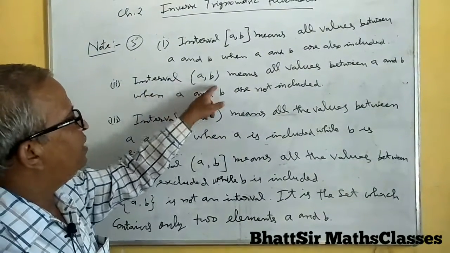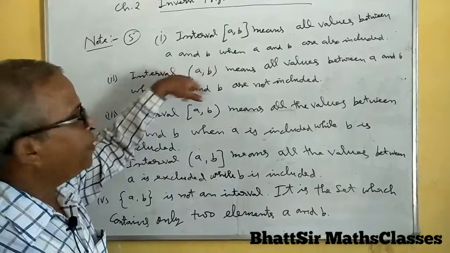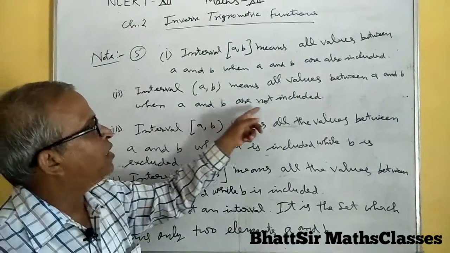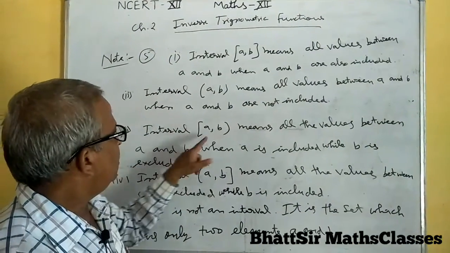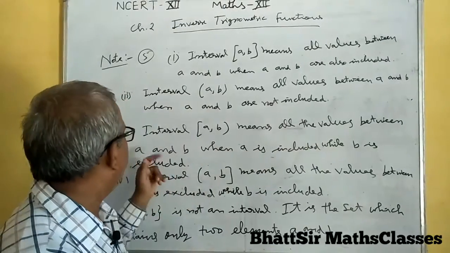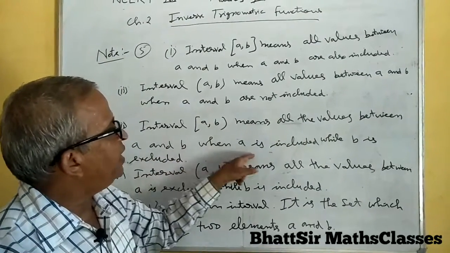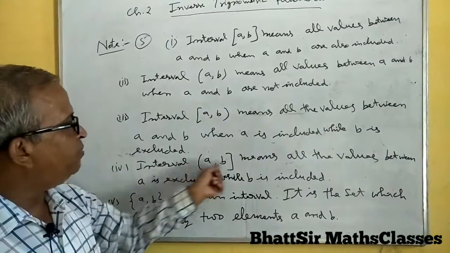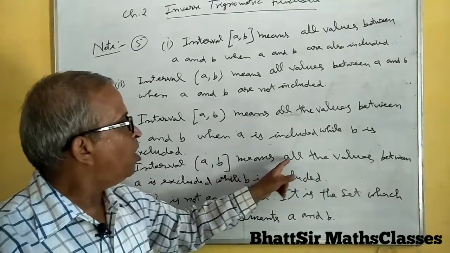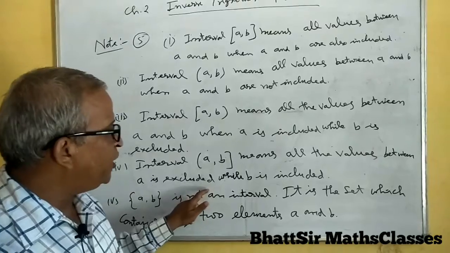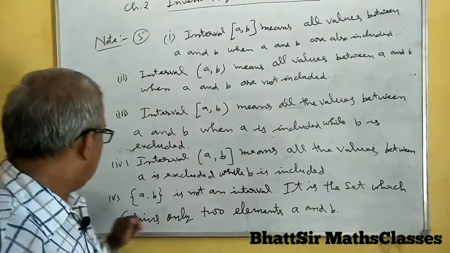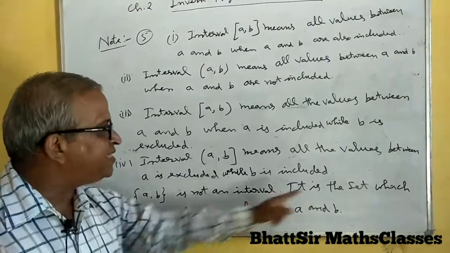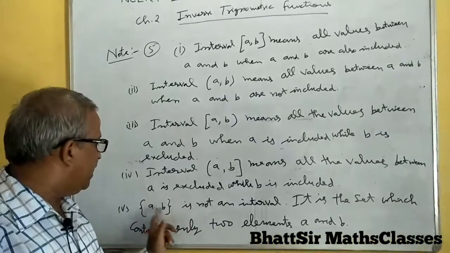Second, the open interval (A, B) means all values between A and B when A and B are not included. Third, the interval [A, B) means all the values between A and B when A is included while B is excluded. Fourth point, the interval (A, B] means all the values between A and B when A is excluded while B is included. Fifth point, {A, B} is not an interval but it is a set which contains only two elements, A and B.